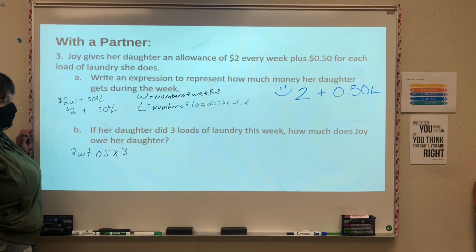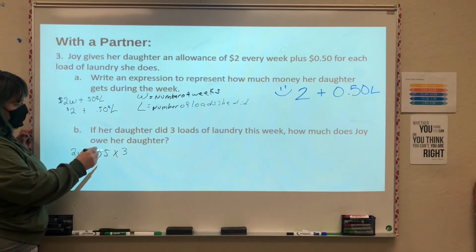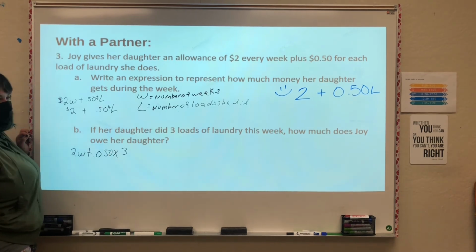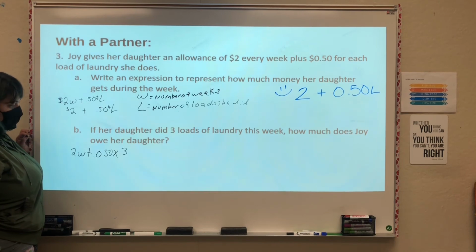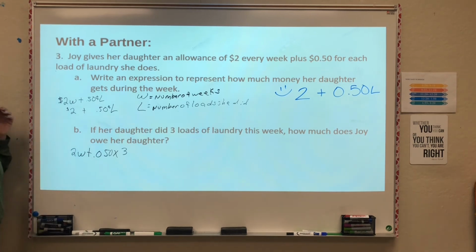Keep going with it. Equals, right? Is there more you can do with that? The 3 loads this week, add it all up now. So find the total. So what is it? 50 cents times 3.